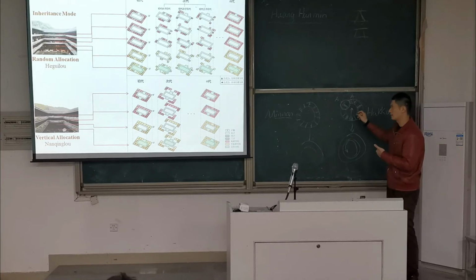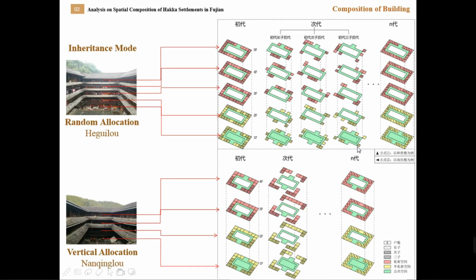It's about the kitchen, right? But in something like Heguilou, after establishment of the Tulou, each floor is taken by chance, making it looks difficult for us to understand the picture.